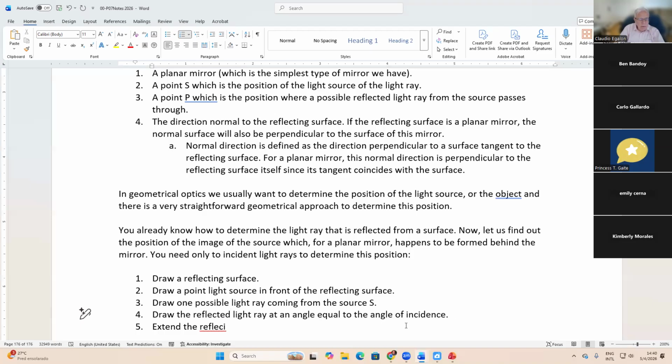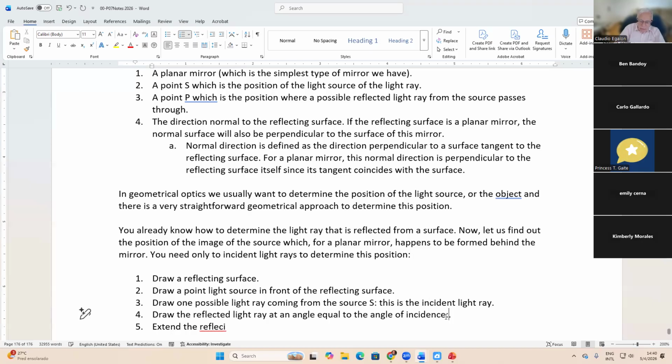Draw reflecting surface, draw point light source. Coming from the light source, this is the incident light ray. Draw the reflected light ray at an angle equal to the angle of incidence.